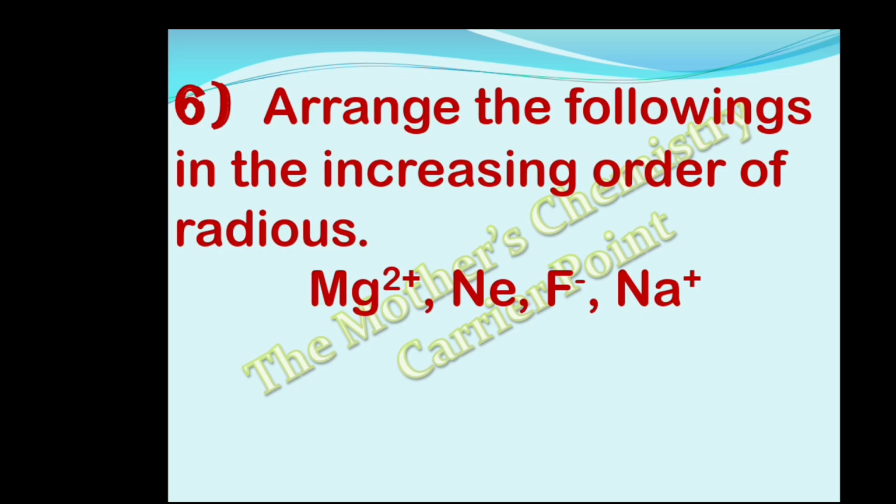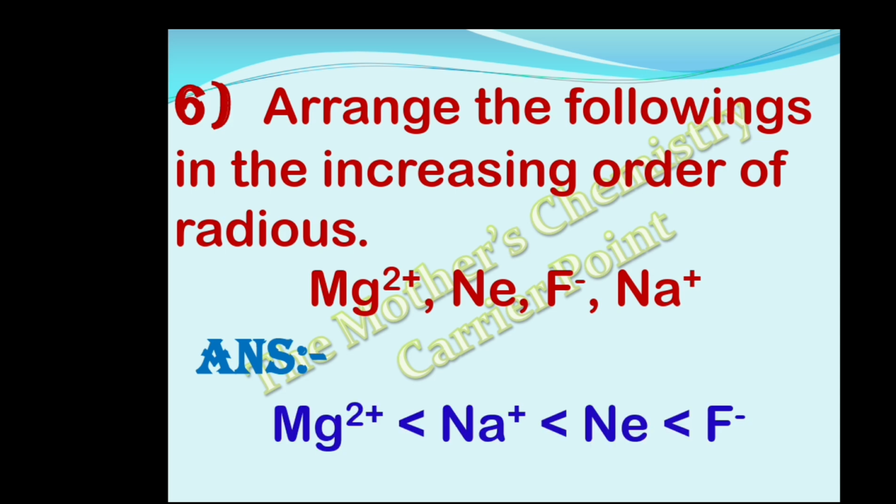In case of F-, 10 electrons are attracted by +9 nuclear charge. In case of Na+, 10 electrons are attracted by +11 nuclear charge. So, the attraction is maximum in case of Mg2+. So, Mg2+ is smaller in radius than Na+, which is smaller than Ne, which is smaller than F-.